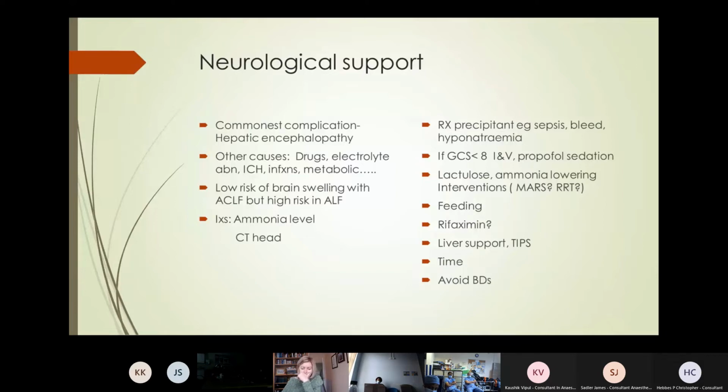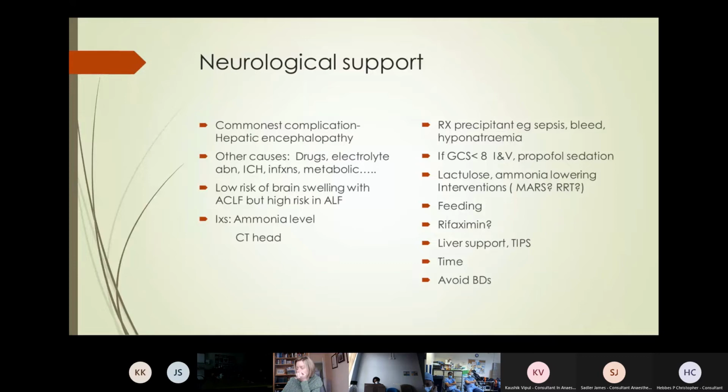Acute variceal hemorrhage usually will result in increased portal hypertension that will result in a vicious cycle. Intubate and ventilate, as we said before. For the ammonia, you want to consider lactulose. You want to consider ammonia lowering intervention.